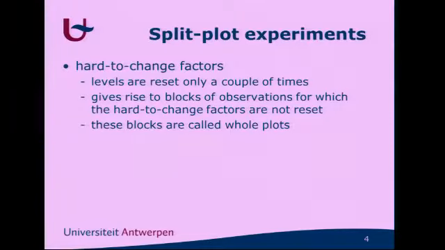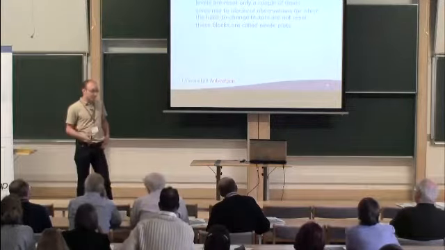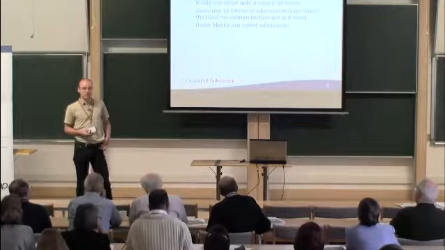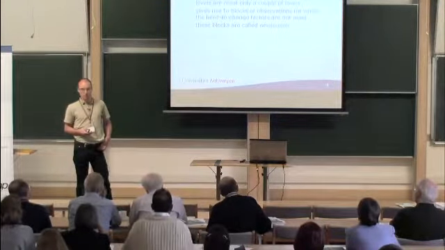For example, temperature is typically hard to change because it takes a while to heat up an oven or to let an oven cool down. People in industry do not like to change the levels of such factors all the time. They do not like to reset the levels of these factors for every run that they do.